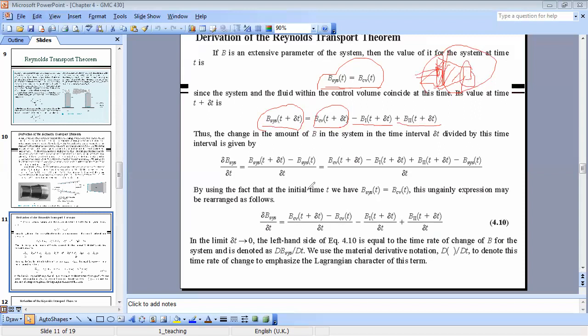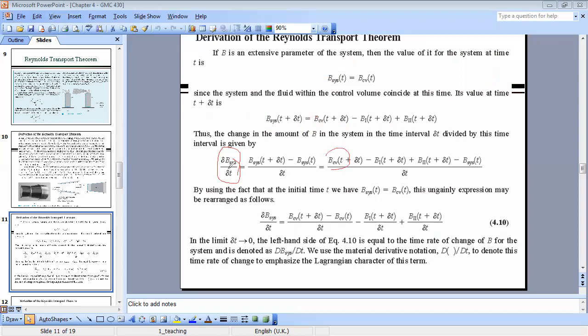Now, since I am interested in the rate of variation of the property with time, I want to relate how the variation of the property of the system is related to the variation of the property in the control volume.